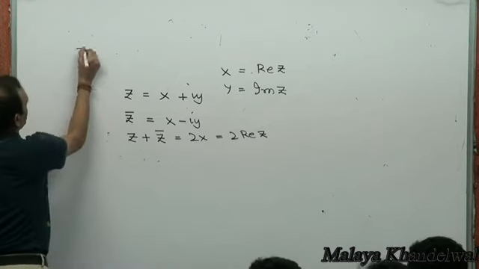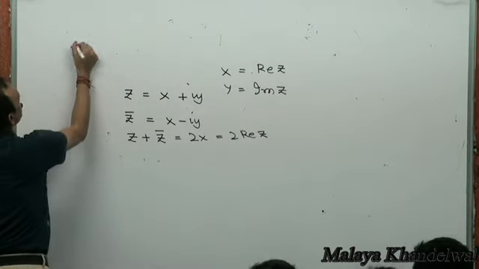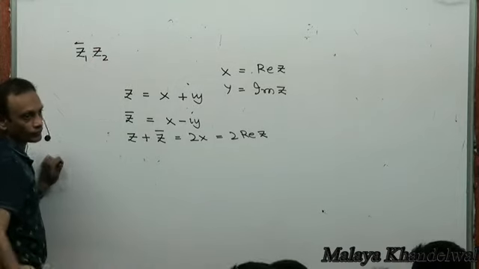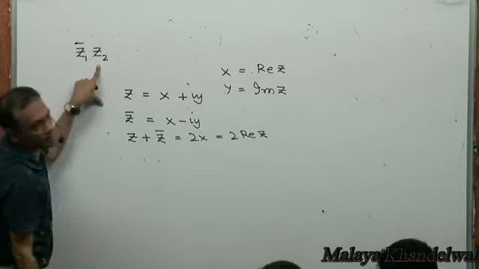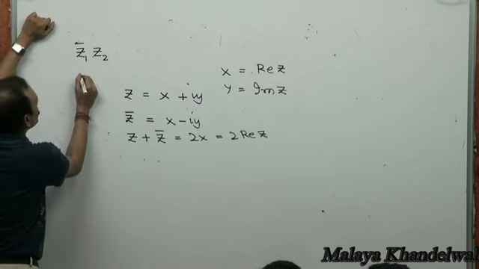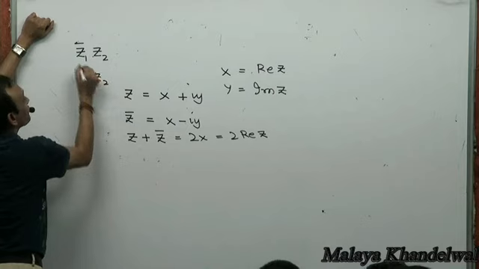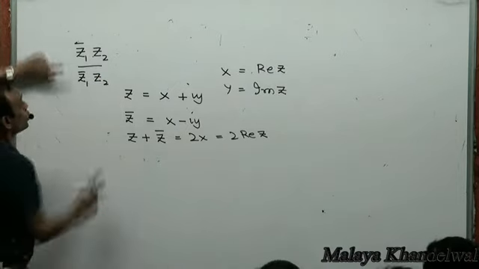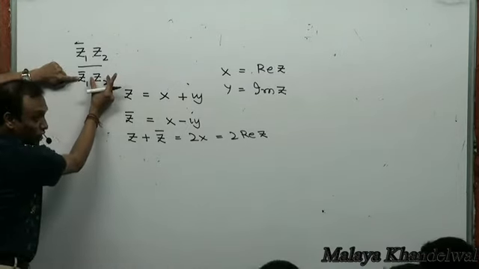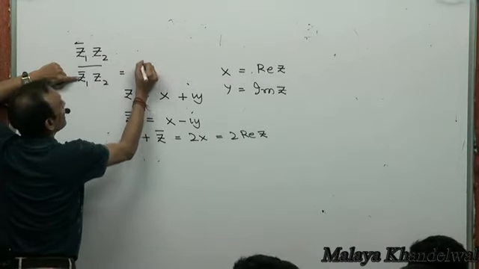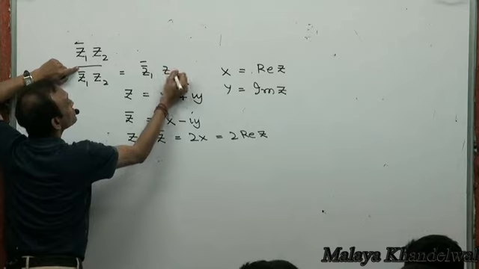Now, if I have a number Z1 bar Z2, and if I take the conjugate of this number, conjugate of the product would be product of the conjugates. That's right, Z1 bar bar into Z2 bar.